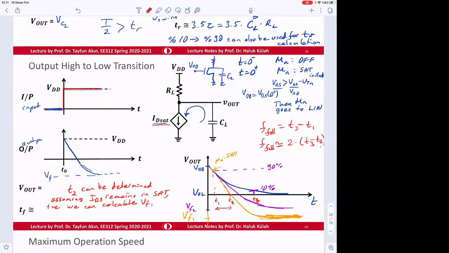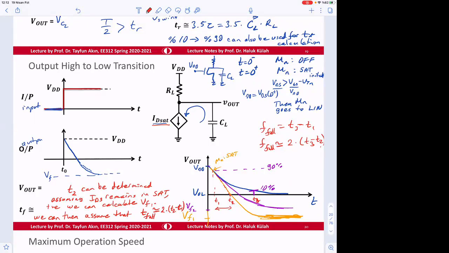Then, okay, after finding this, we can then assume that T fall is about 2 times T2 minus T1. So either we use simulation tools to determine that timing from 90 to 10%, or we do this estimation.